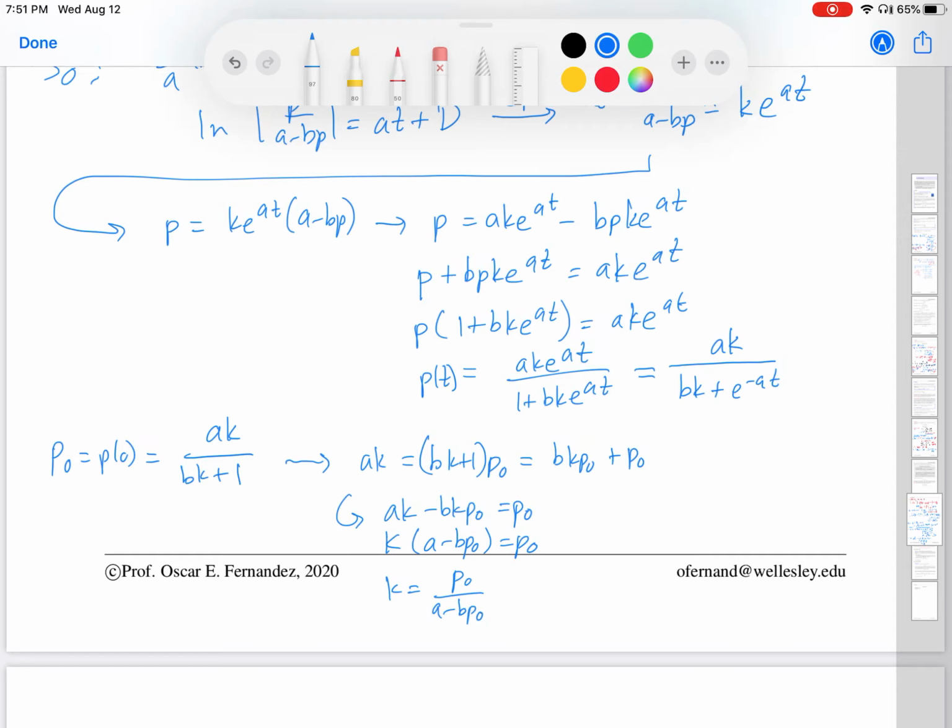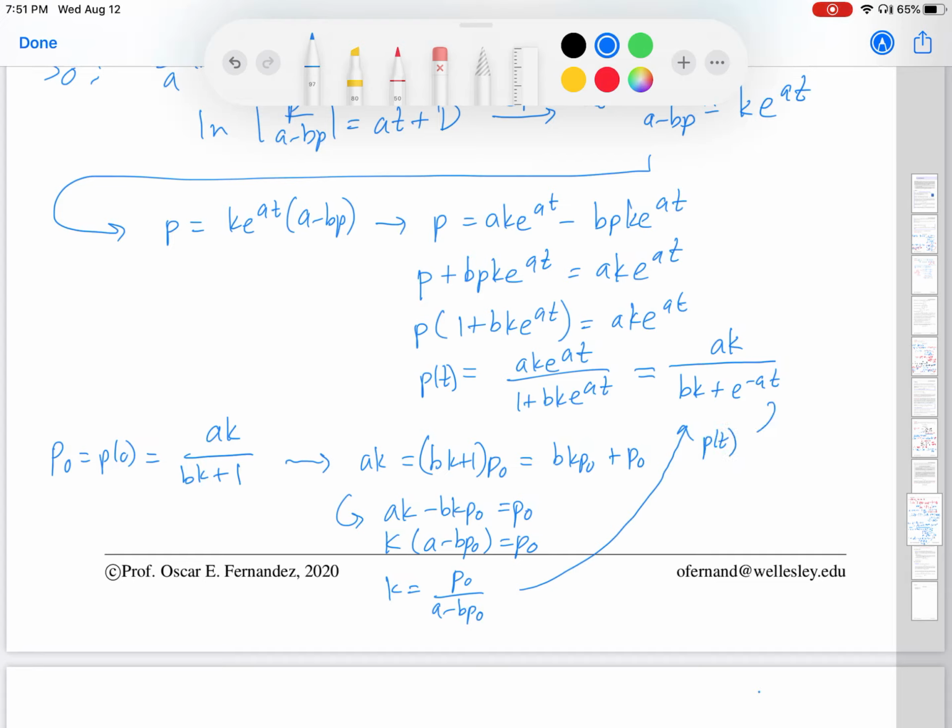All right, so I'm not going to worry too much about whether this denominator is 0 or not, and we will see why in the next class notes when we talk about the limiting behavior of the solution. We'll see that actually a over b is the limiting behavior of the solution. So I'm going to take this k and insert it back in here. We're going to get something that is a little convoluted, but we will work through the algebra.